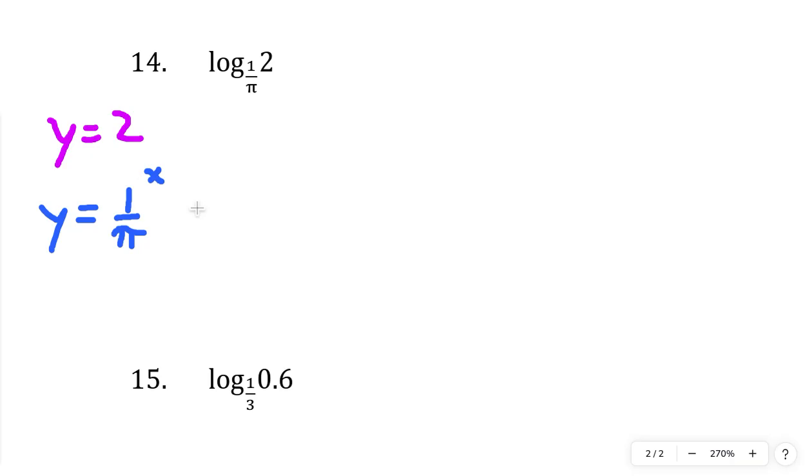Okay. Well, this one here, you realize that 1 over pi is really pi to the negative 1. And we're taking this to the power of x. Should we mess with that?